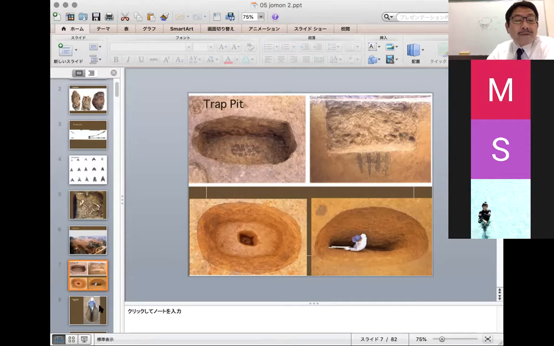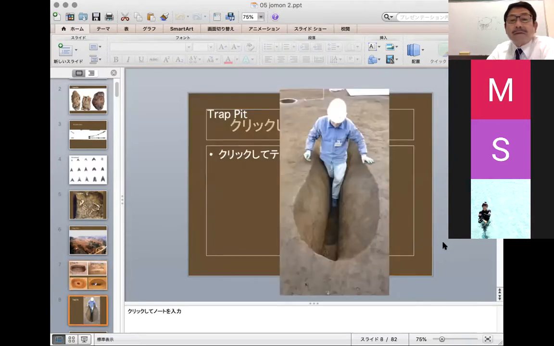This is another one we're looking at. It's over a meter deep, but the bottom is so narrow. You find it a lot. And probably these were designed for deer. You can catch boars, but it's good for deer too.